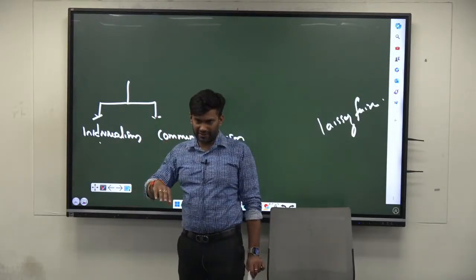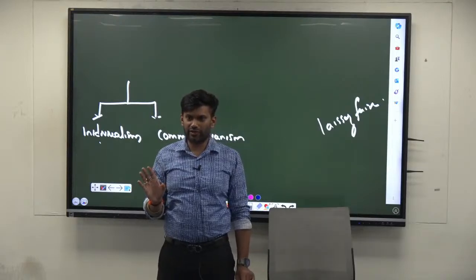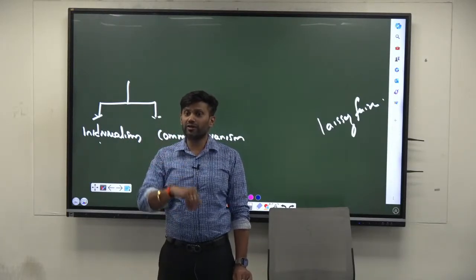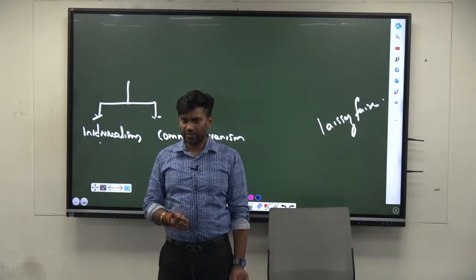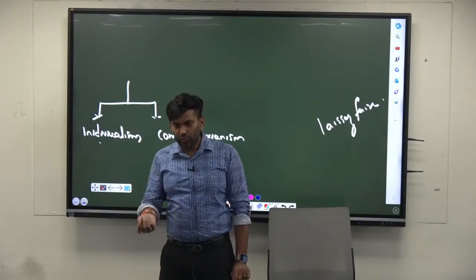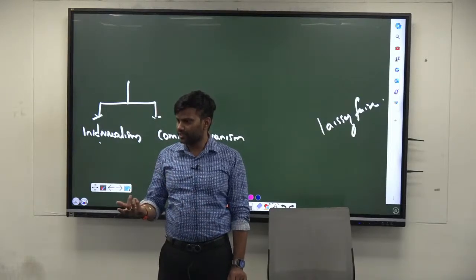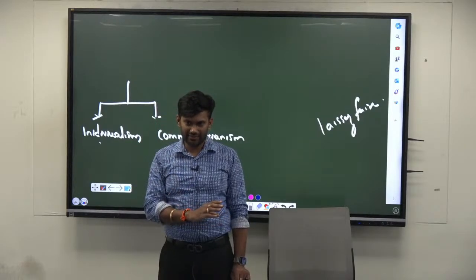Communitarianism is the opposite of it. It believes that individuals alone cannot do anything. Take food production. Can you do everything on your own? You need community, society. You belong to a particular group within the society. You might have an identity. You might be Hindu, you might be Muslim, you might be Christian.